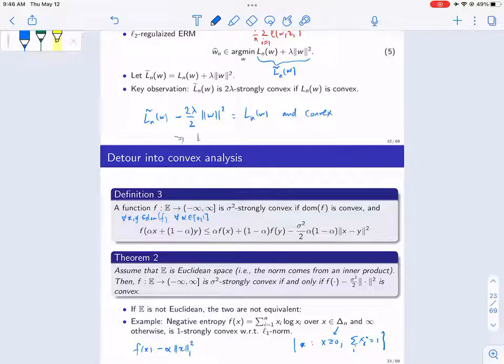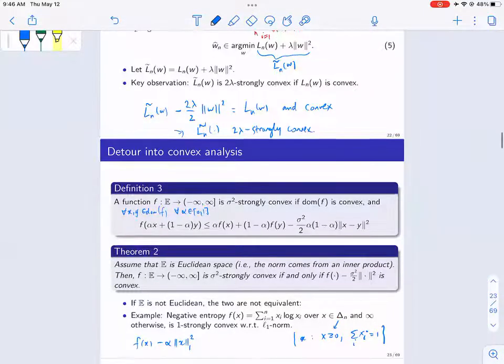Hence this guy is 2 lambda strongly convex. From that characterization, we see that whenever you add lambda norm squared to any convex function, the result would be 2 lambda strongly convex. Okay. Questions?